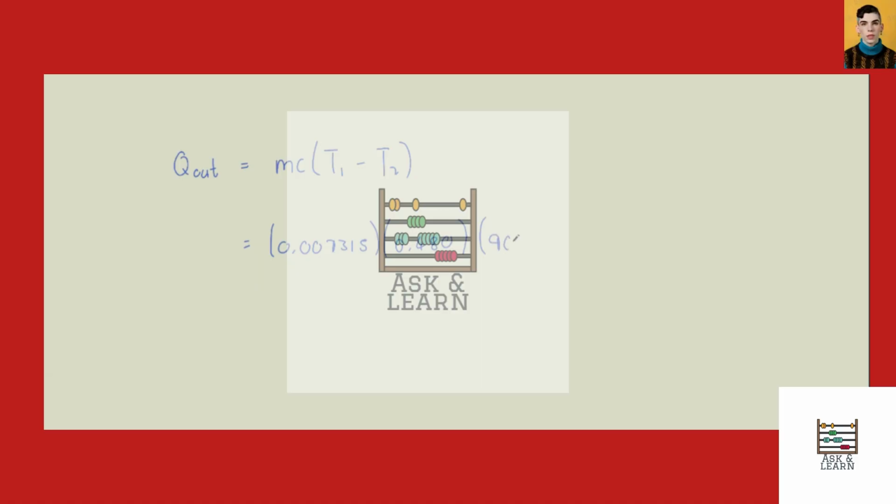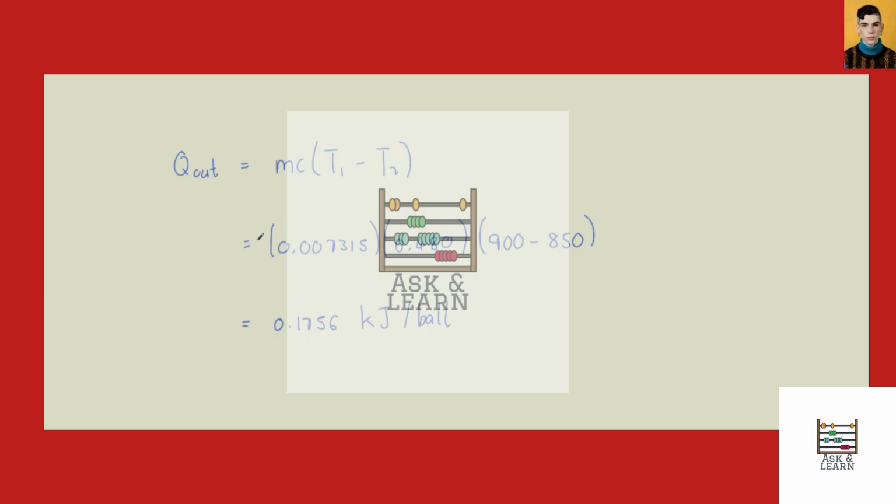The initial temperature is 900 degrees Celsius, and the final temperature before the ball bearings are quenched is 850 degrees Celsius. So we get the heat lost by each ball to be 0.1756 kilojoules for each ball bearing.